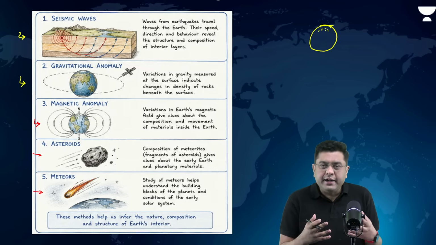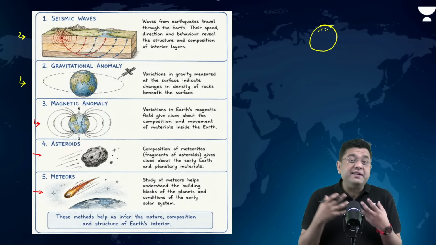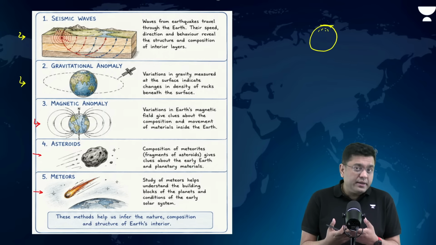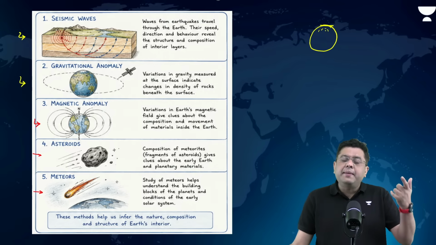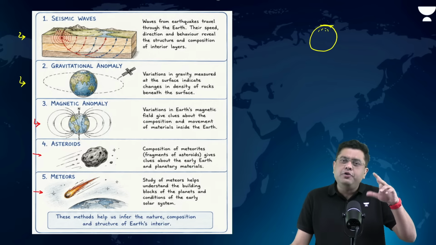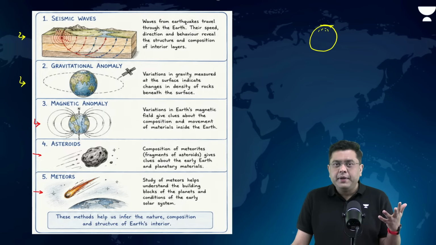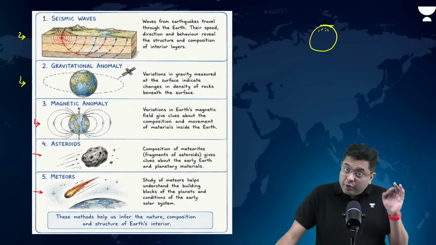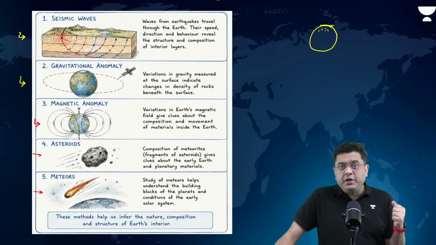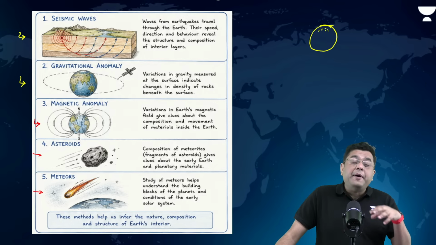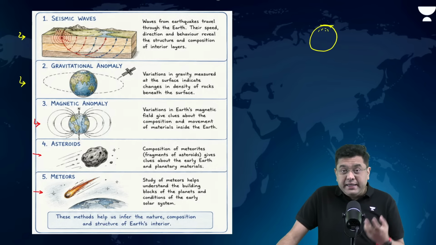And that later led to the formation of planetesimals, and that led to the formation of planet Earth. Now, asteroids, meteors, comets are basically the part of the solar system which have not become a part of a planet. So, what is the overall mineral constituency of these asteroids and meteors, these celestial objects? That gives you an idea about how planet Earth would have been created 4.5 billion years ago.